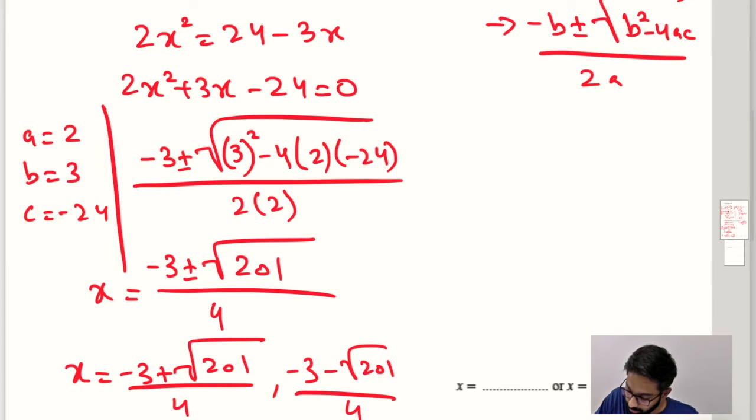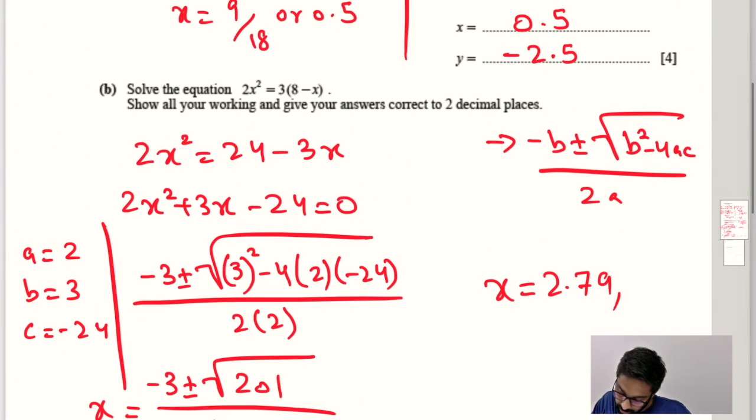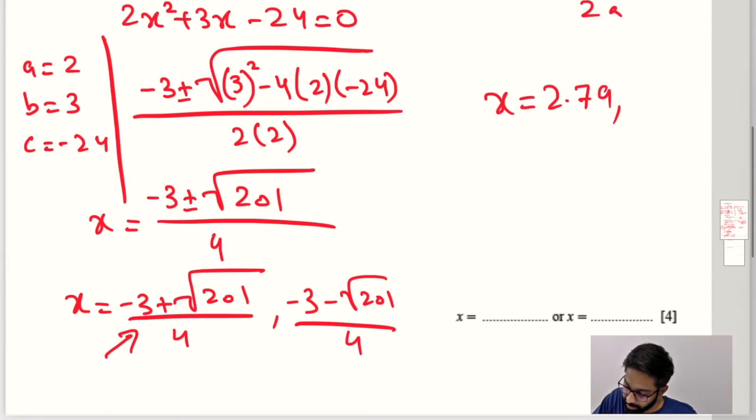So I'm just going to calculate them, and the values of x I would write them over here. So if I do the positive one first, I do negative 3 plus under root 201 divided by 4. I get positive 2.79. So I write positive 2.79. Give your answer correct to 2 decimal places. Perfect.